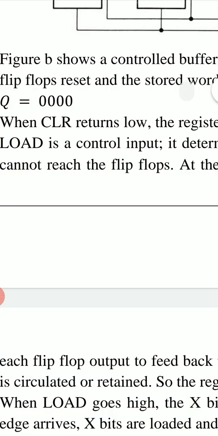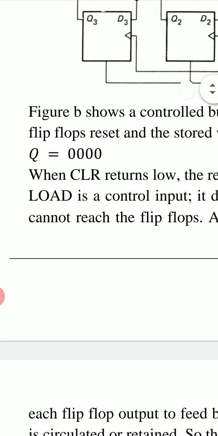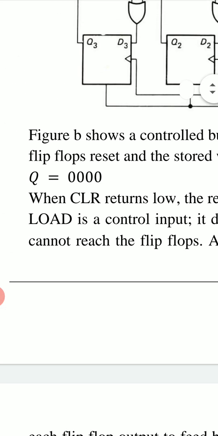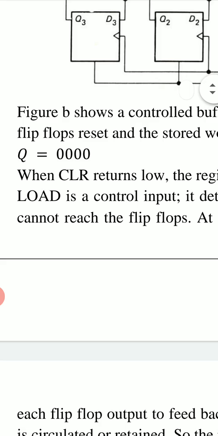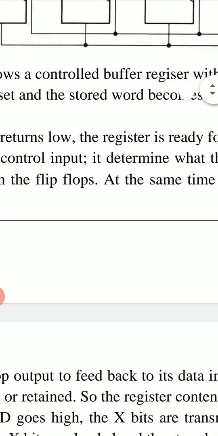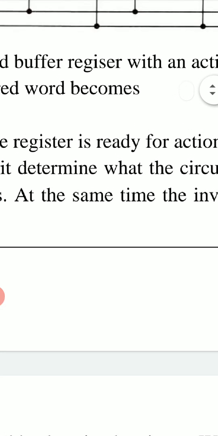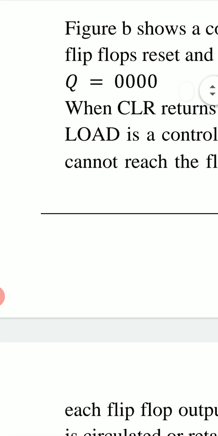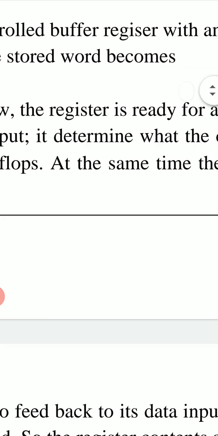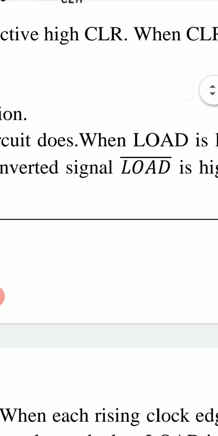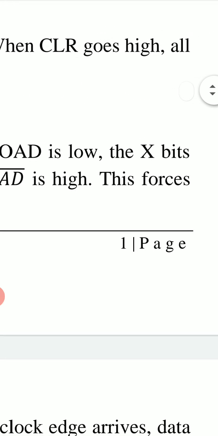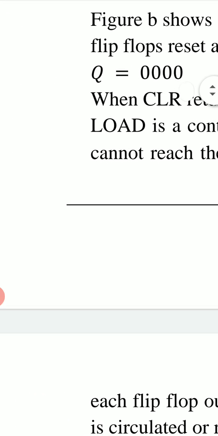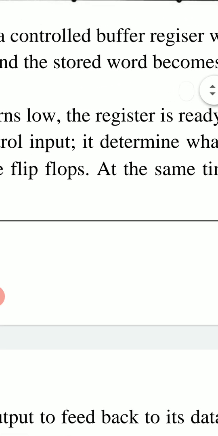So when clear is high, output word Q equals 0, 0, 0, 0. When CLR returns low, the register is ready for action. Load is a control input. It determines what the circuit does. When load is low, the X bits cannot reach the flip-flops.